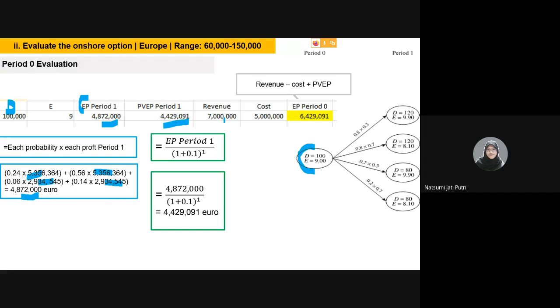And for the revenue, just the demand here times the price, and the cost, just fixed cost plus variable cost times the demand units here. And then for the profit or the expected profit in period 0, also the same, revenue minus cost plus PVEP, and we get this number.